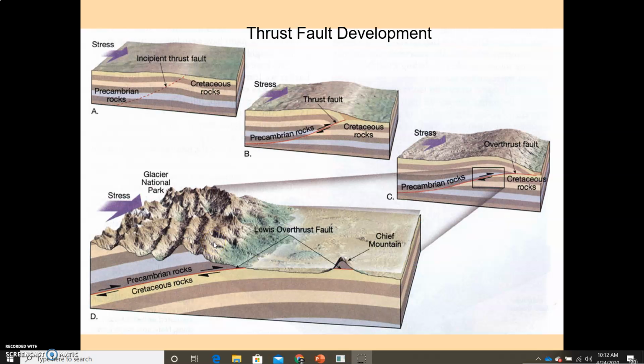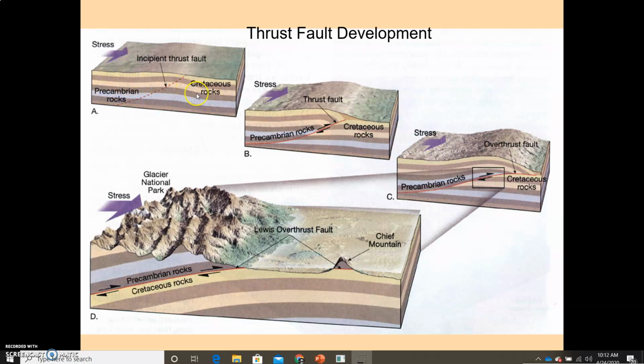So here's going into more detail on what thrust faulting development looks like. Up at diagram A, the dotted line is the thrust fault, and typically you have Cretaceous rocks here and Precambrian rocks.